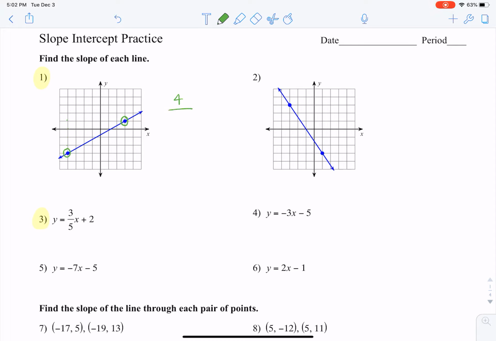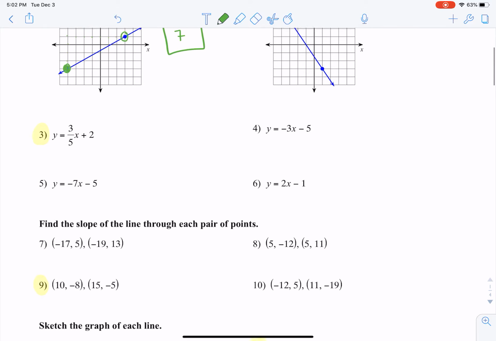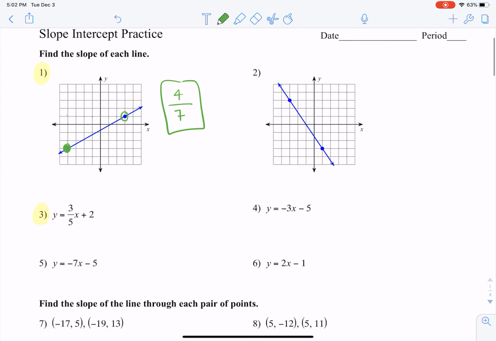So I go up 4 and over 1, 2, 3, 4, 5, 6, 7, and over 7. So the slope of this line is 4 over 7. And since I started with the point that was over here and went up, I know that this is a positive slope.